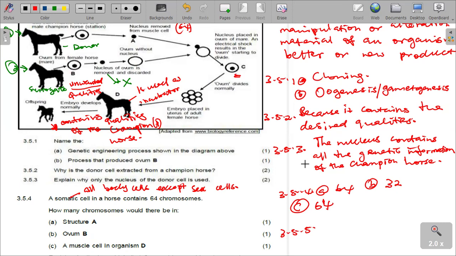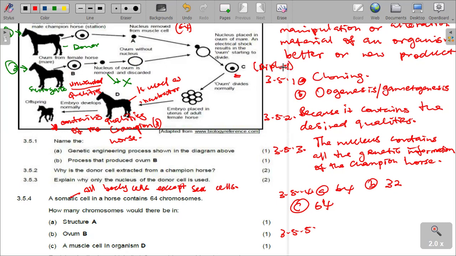As you can see here, it is the nucleus of the champion horse that has been placed in this egg cell. So C is not a gamete. A gamete cannot be diploid. This is a diploid cell.